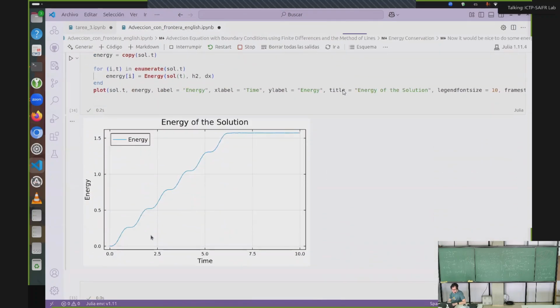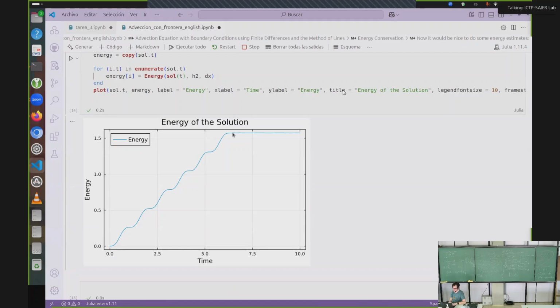Yeah, and so here in this other plot, what we are seeing is the energy of the solution that you can also plot. And we see that as the solution is entering, we start getting more and more energy until we have a point where there is some balance between what enters and what goes out.